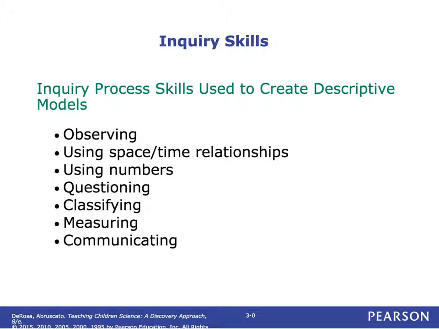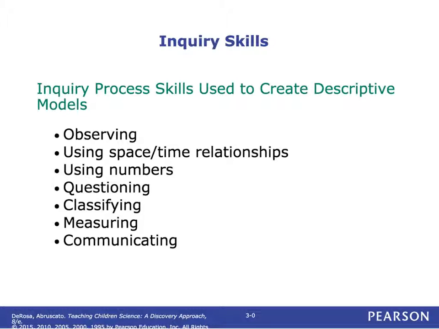The descriptive model uses process skills such as observation, observing, using space and time relationships, numbers, questioning, classifying, measuring, and communication. So what's meant by each one of these? Well, to observe means to use the senses to obtain information or data about something.